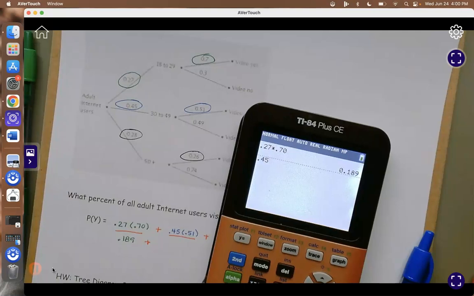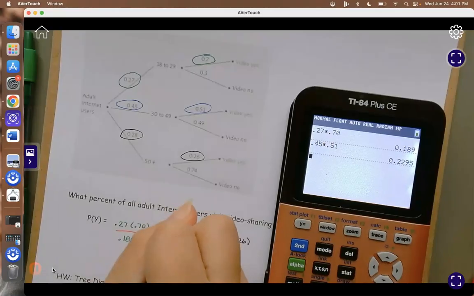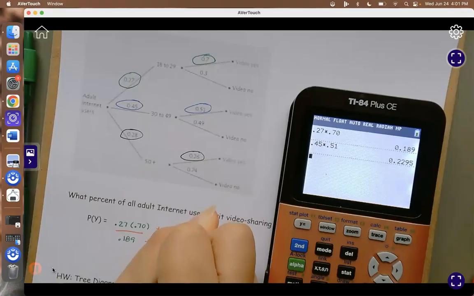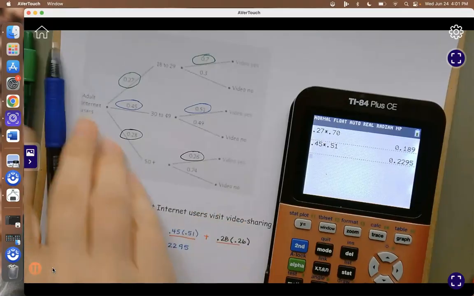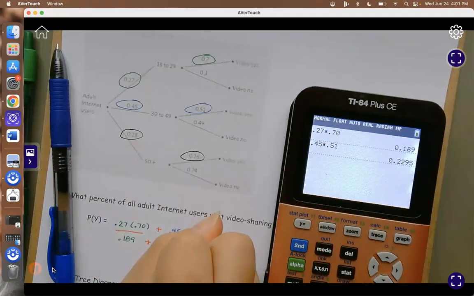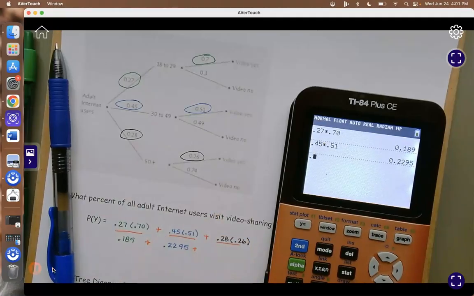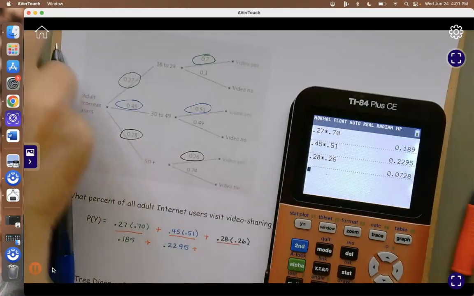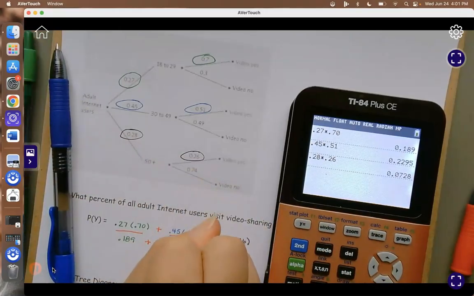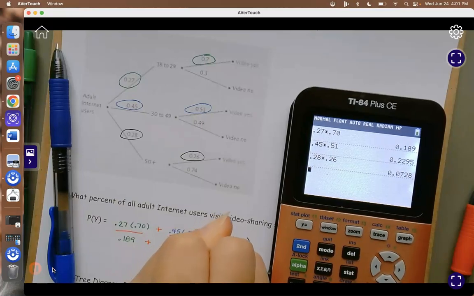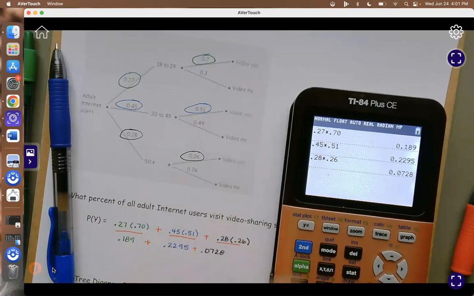And this is an old calculation, obviously, because way more people have looked at YouTube now than ever before. So this is 0.2295, plus, then we do 0.28 times 0.26, and this one's going to be 0.0728.